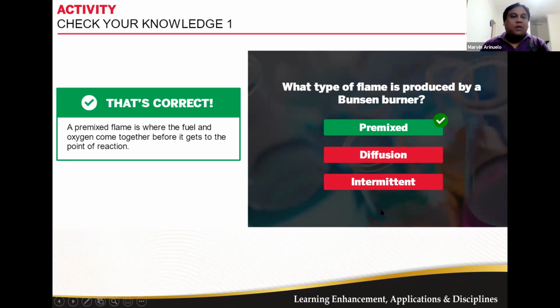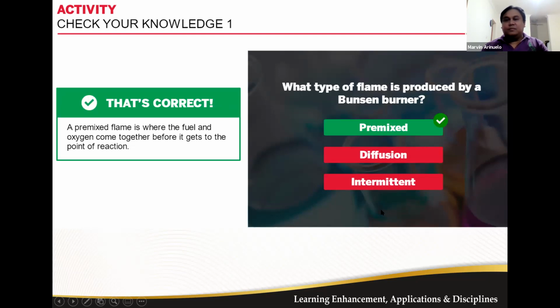The air required for combustion of the fuel vapor is drawn into the flame from the surrounding atmosphere by a process known as blank. Pyrolysis, entrainment, ignition. So what is the answer, guys?